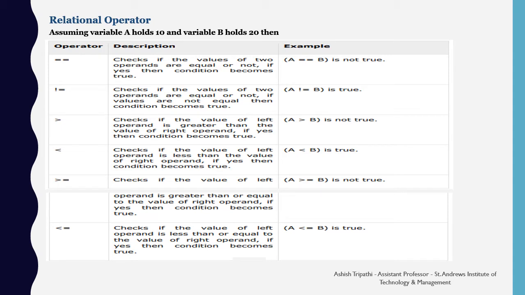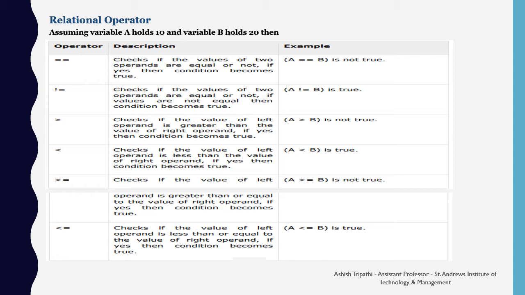Less than operator. It checks if the value of the left operand is less than the value of the right operand. If yes, then the condition becomes true. A less than b is true. Greater than equal to. It checks if the value of the left operand is greater than or equal to the value of the right operand, then the condition becomes true.